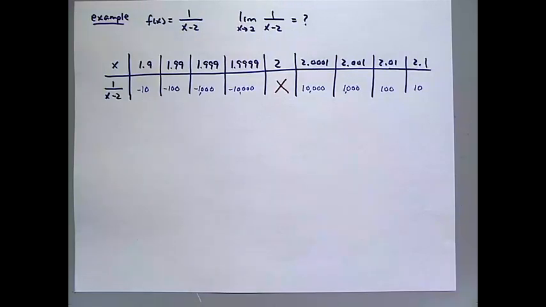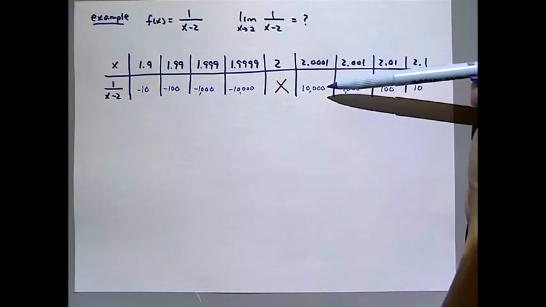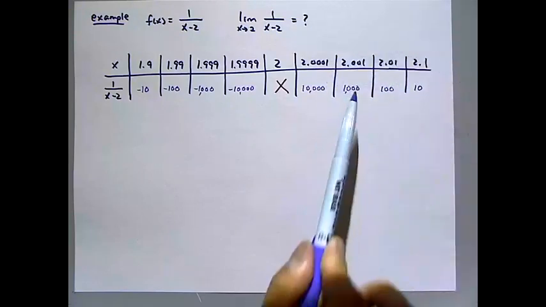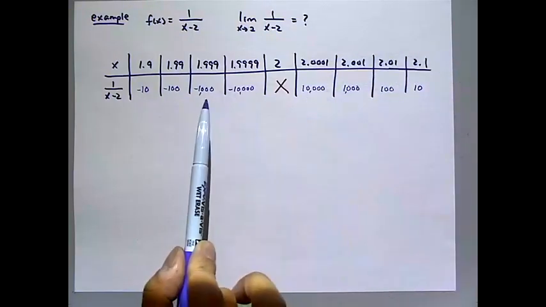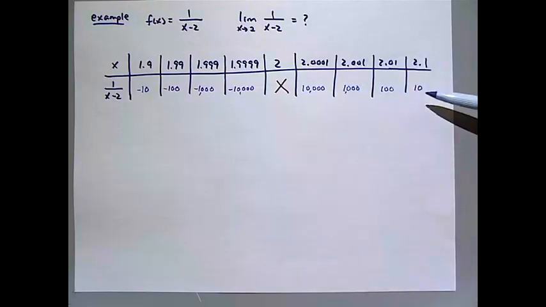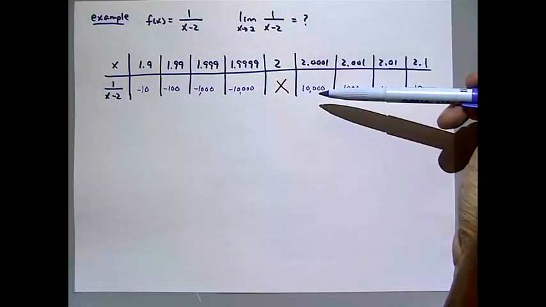Okay, so the first thing we note here is that what the function 1 over x minus 2 is doing depends on which way we approach 2. From the right, these numbers get bigger and bigger.